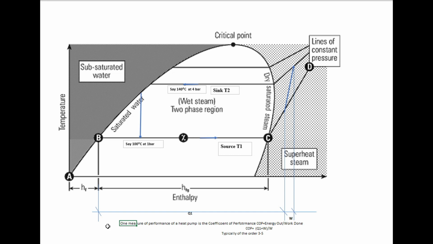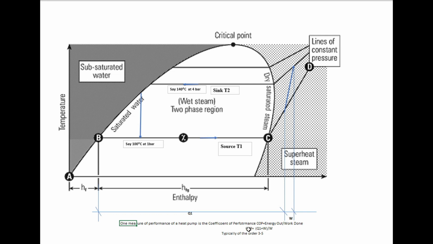So one measure of performance of a heat pump is the coefficient of performance. Now there's a lot of different measurements. There's the energy efficiency ratio and other measurements where they take the parasitic loads of the fans and other things into account. But basically the coefficient of performance is the energy out divided by the work done in order to get that energy.